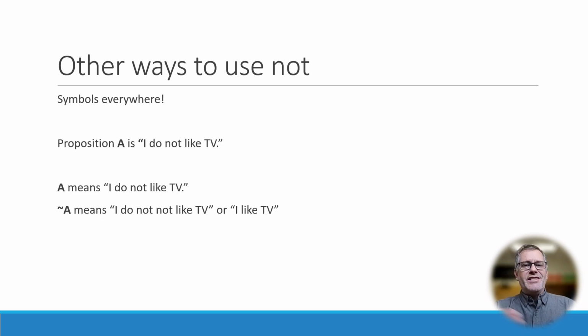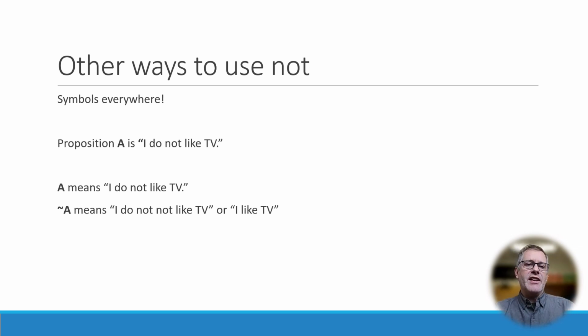Now, in addition to that, in math, we like to assign symbols to almost everything. So it's easier to write out on a piece of paper. We can do it quickly and clearly and know exactly what we're talking about. So I could identify a specific proposition using a symbol or a letter. In this case, I'm going to create proposition A. You'll see A is in bold. I'm going to say A is I do not like TV.